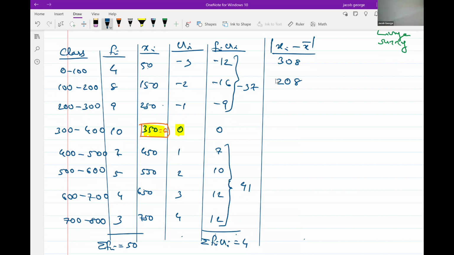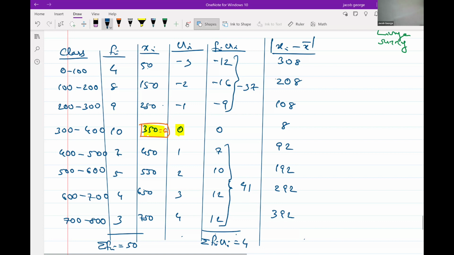Modulus 250 minus 358. 108. 350 minus 358 is 8. 450 minus 358. What is the difference? 92, correct. Then 192. Next, 650 minus 358. 292. Last is 392.